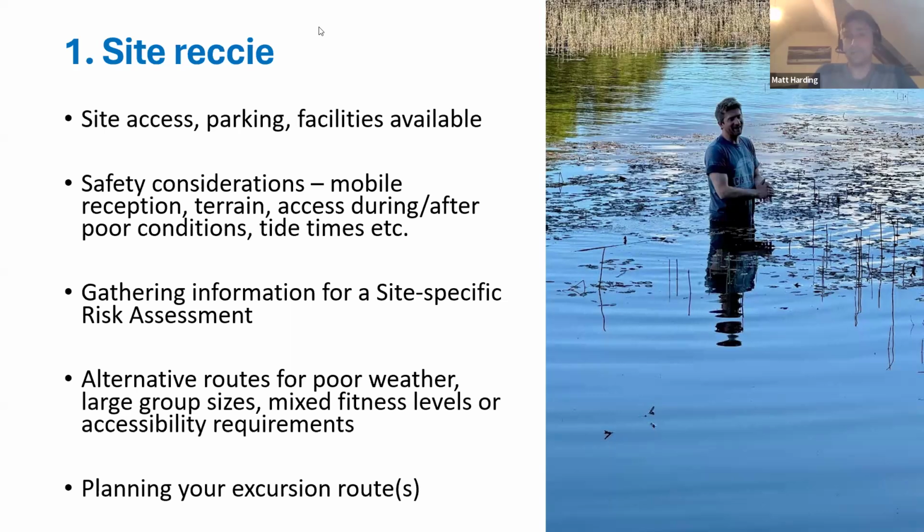If you're doing an adventurous meeting to a tidal island, which our wonderful Lothian Botany Group colleagues did last year, that kind of preparation is super important. And all of this is part of the information you'll be gathering for your site-specific risk assessment. I'll mention a little bit more about those later.